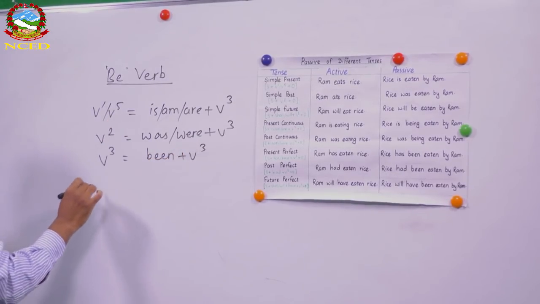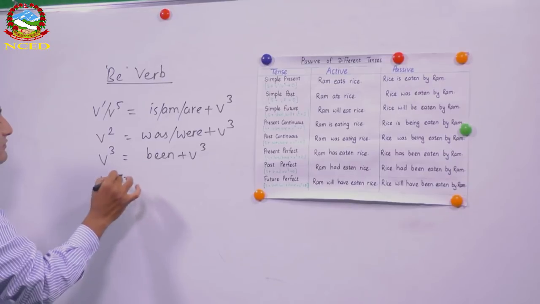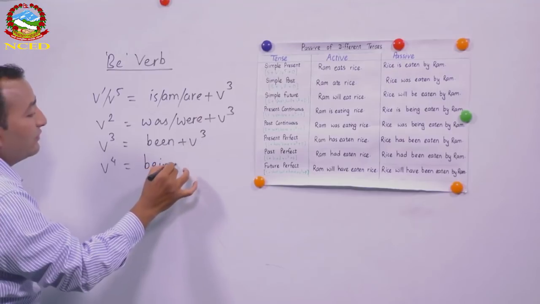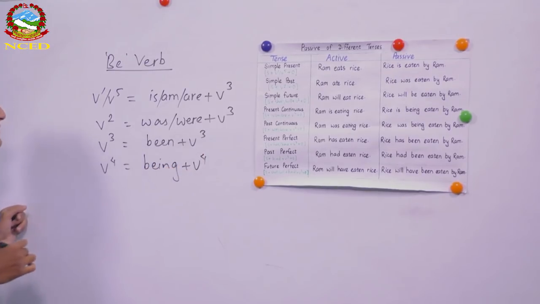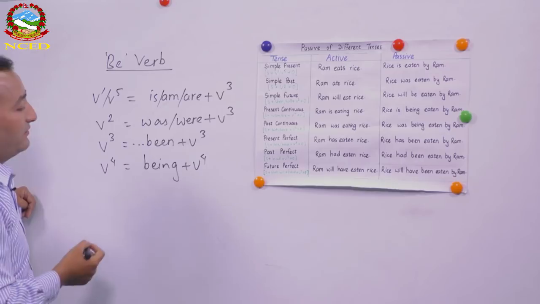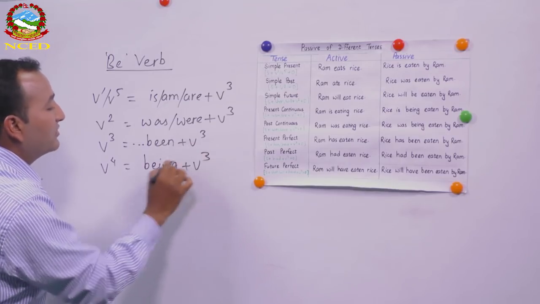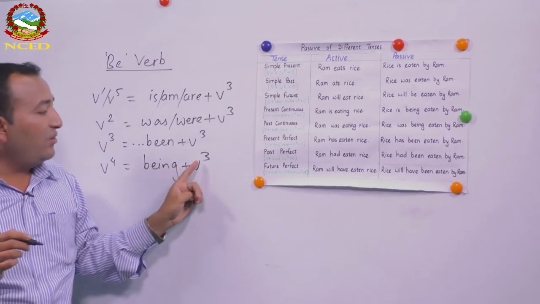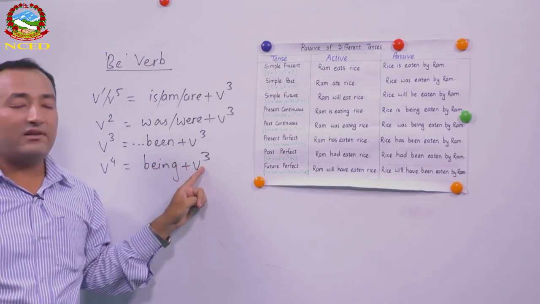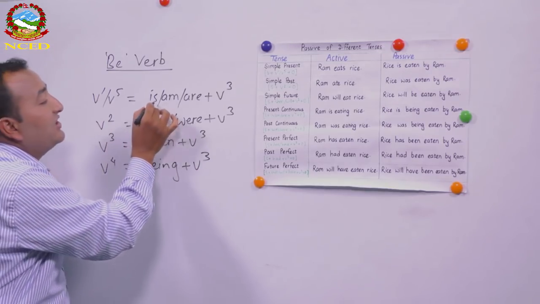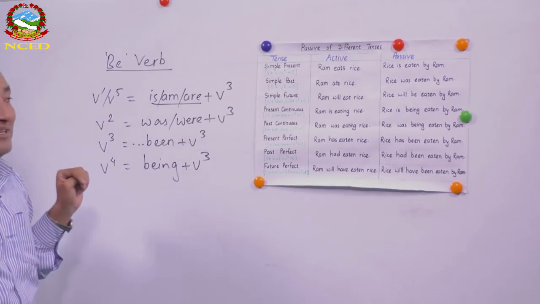This is only a shortcut way. And if there is verb 4, the ing form of the verb, we write being plus verb 3. Look at this: there might be has, have, or had, then verb 3. So in all passive voice sentences, we must use the past participle form of the verb, that is verb 3, the third form of the verb.